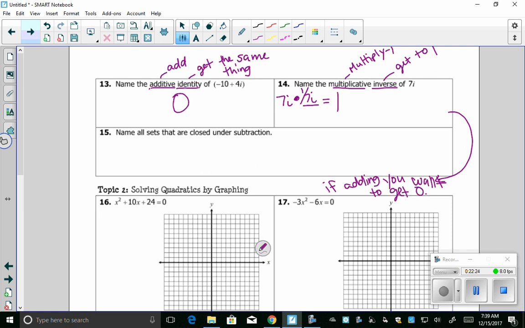Let's also find the adding. What do I have to add to 7i to get to 0? This one, all you have to do is change the sign. So add a negative 7i. So that's an example of both multiplying and adding for inverse.